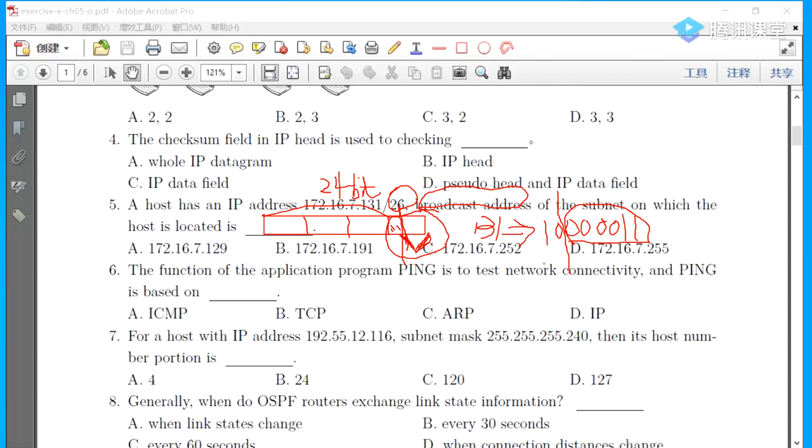So it turns to 10111111. This is the broadcast address.